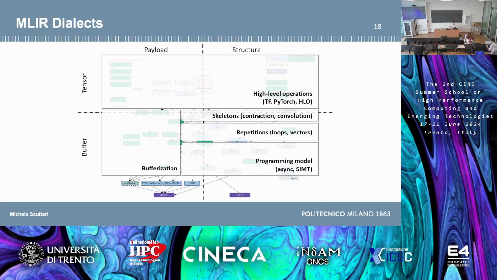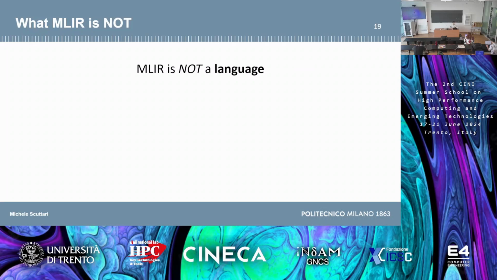Iterations, so that expose loops to perform things like tiling easily. And finally, some programming model specific dialects. There are dialects specialized for instance, OpenMP or for async and so on. And finally, platform specific dialects.